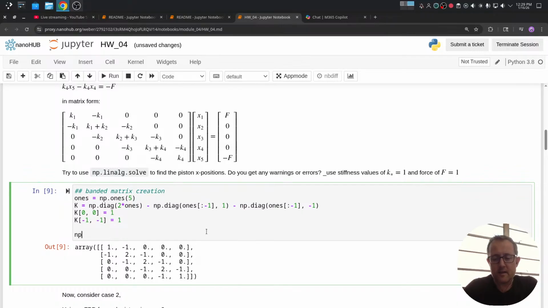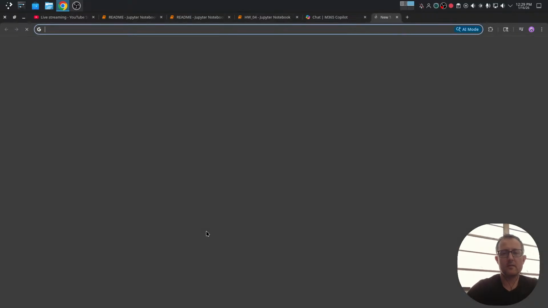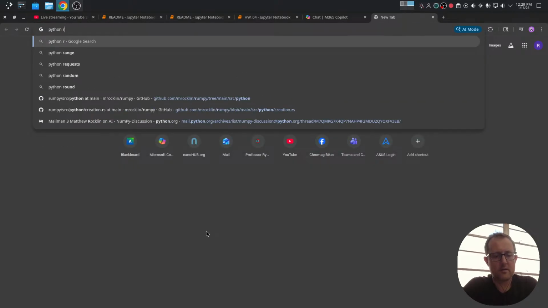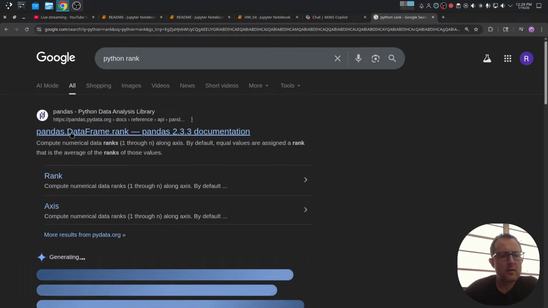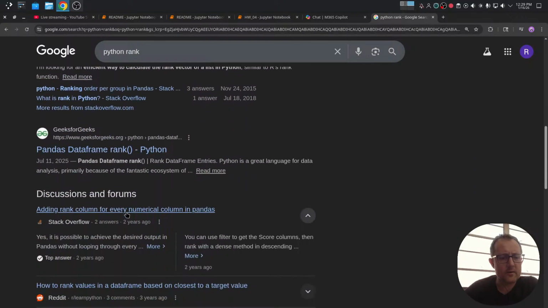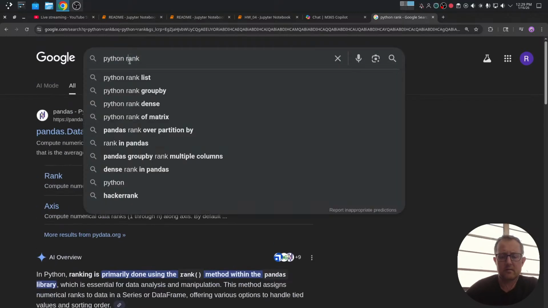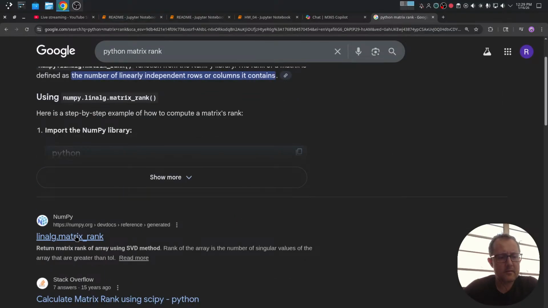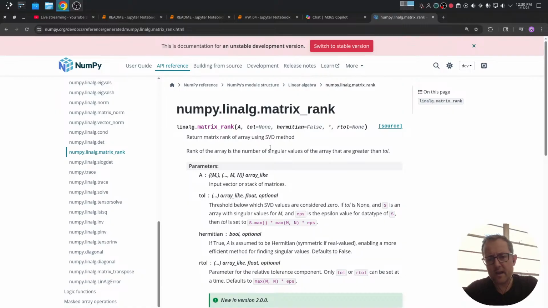Okay, so then what people looked at was rank. Let's see, where did we get that one? Python rank. Pandas data frame. No, I want linalg.matrix_rank.